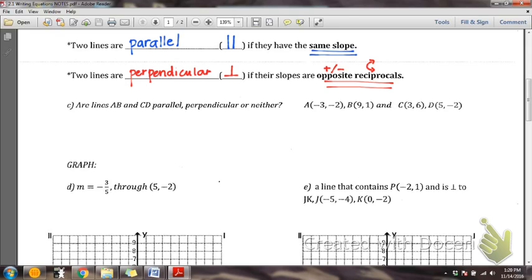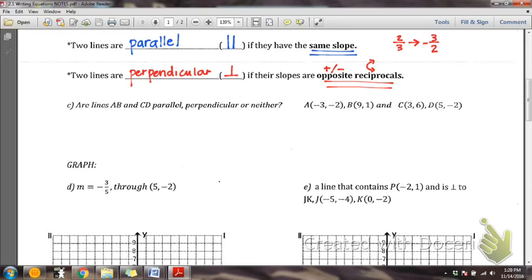So if I gave you 2/3, what is the opposite reciprocal of 2/3? Negative, right? We have to change the sign. -3/2, however you want to say that. That would be the opposite reciprocal.